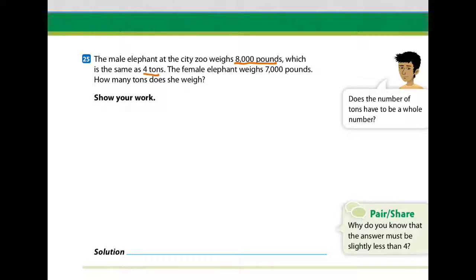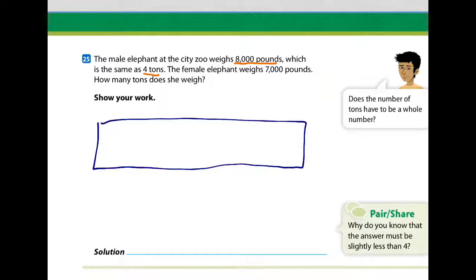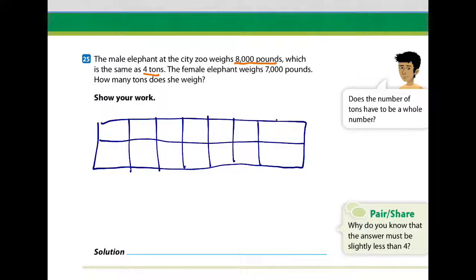Okay, let's see how you did. So first off, I told you I'm doing a ratio table, right? So let me get a beautiful table set up. I'm going to set up some lovely columns. All right, so we know 8,000 pounds is 4 tons, right? So here's 1 ton, 2 tons, 3 tons, 4 tons, and here's 8,000 pounds.